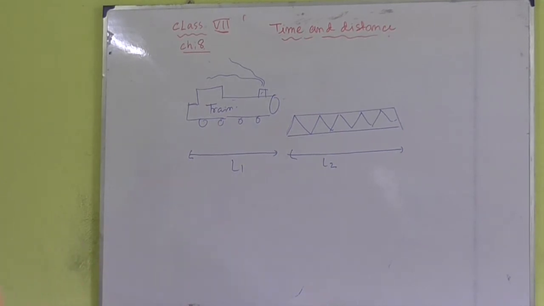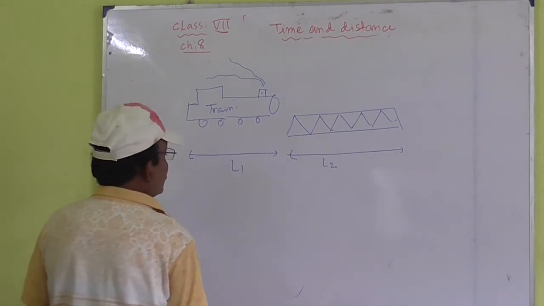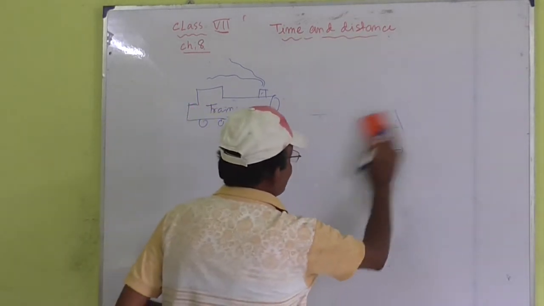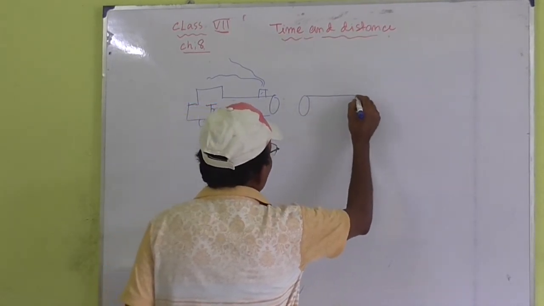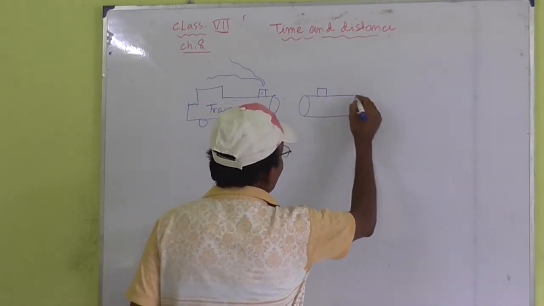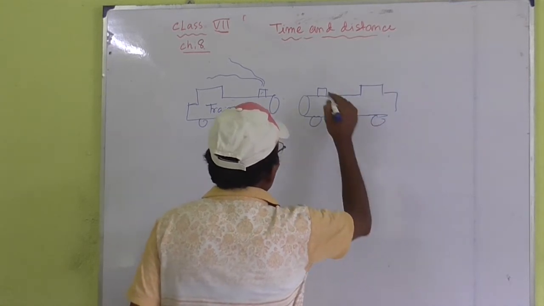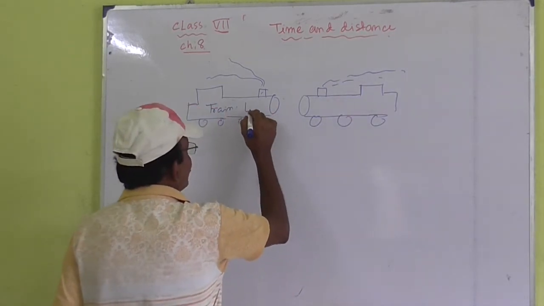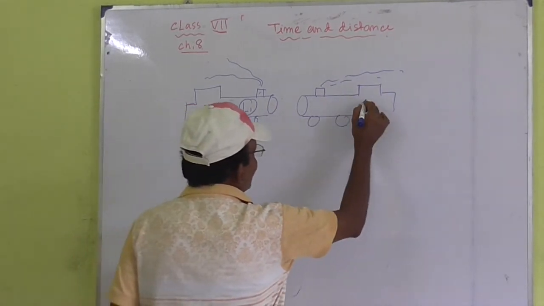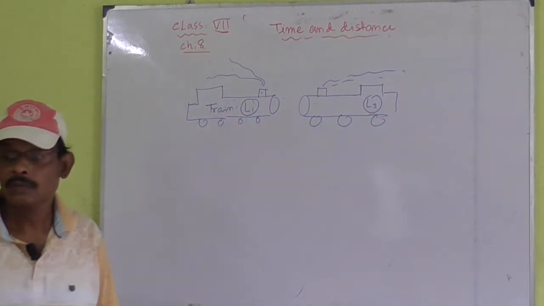When the two trains are coming in opposite directions, let us take it is L1 and the length of the second train be L2. Okay.